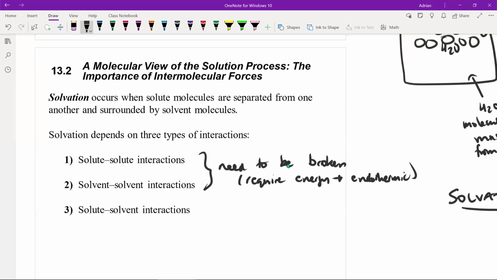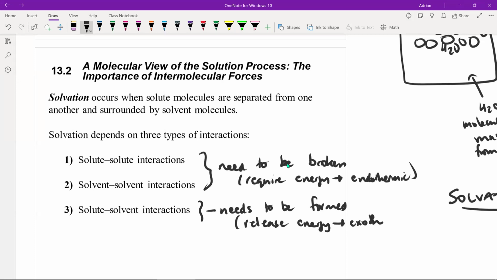And then we form these solute-to-solvent interactions, when the solute now gets attracted to the solvent, right? This needs to be formed. And then, as you can imagine, this is going to release energy, which means this is going to be exothermic.